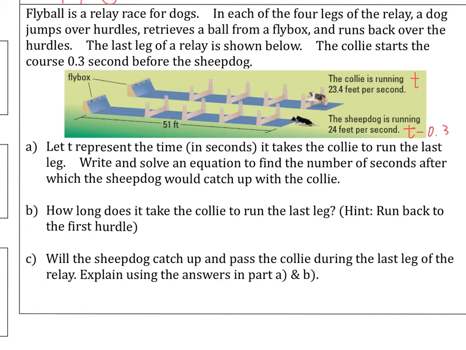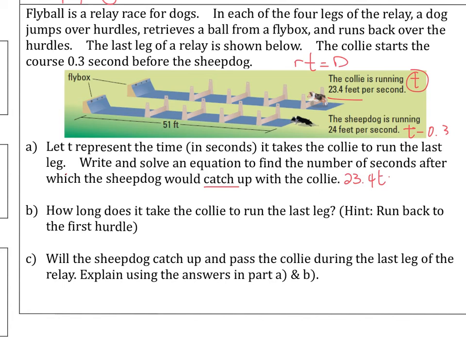Let t represent the time in seconds it takes the collie to run the last leg. I just did that. Write and solve an equation to find the number of seconds after which the sheepdog would catch up with the collie. So again, we need to use the concept of rate times time equals distance. So for the collie, the distance would be 23.4t.